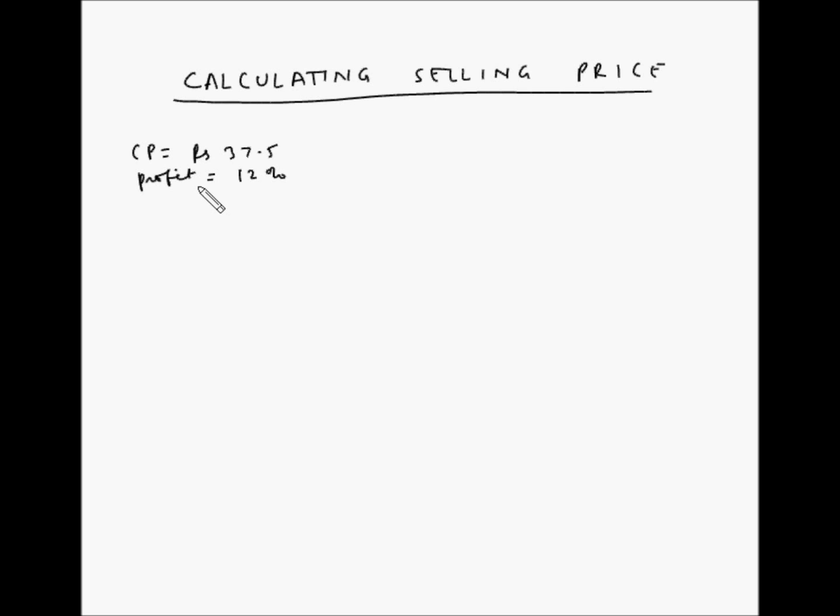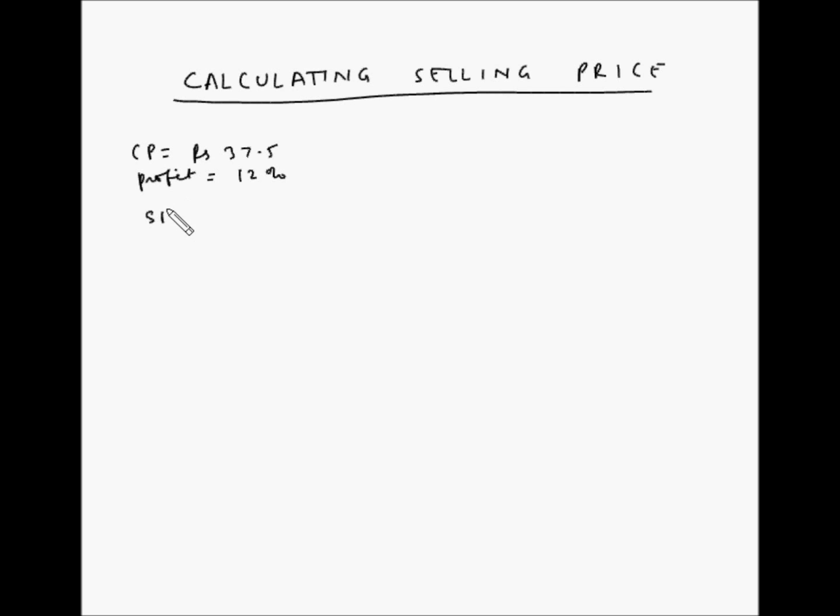Now we know that profit is expressed in terms of the cost price. So you want to make a profit of 12%, which means 12% of 37.5.